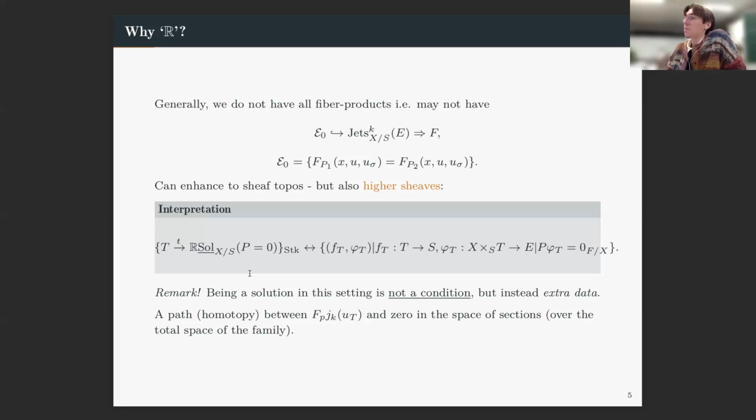But what does become the problem is that maybe if these solution manifolds have singularities, they're not smooth in their own right, then this functor will not be representable in this sheaf topos either.